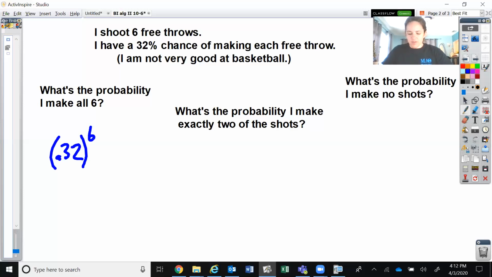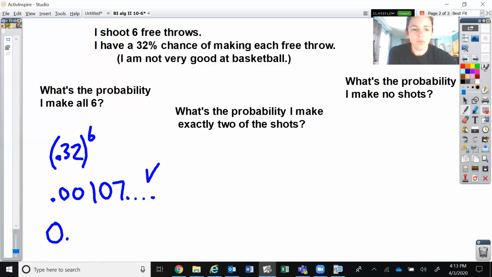So 0.32 to the 6th power would be 0.00107, etc. And so if I move the decimal to turn it into a percent, it would be a 0.11% chance, which is obviously really, really tiny.